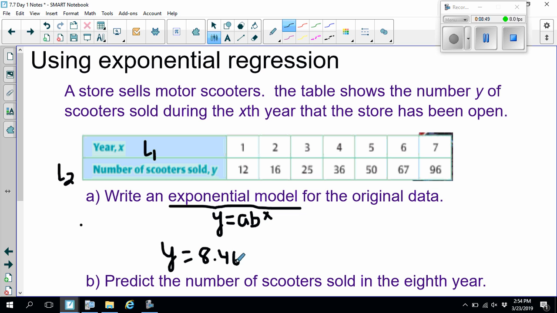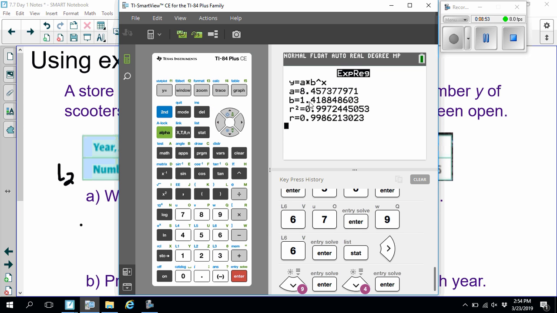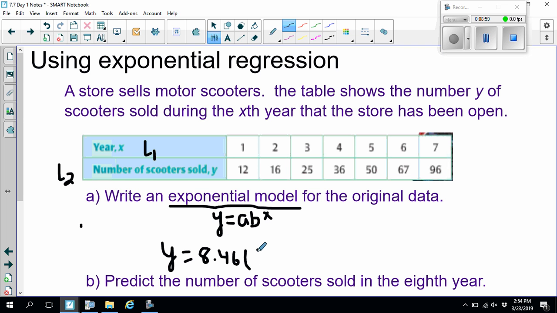Now make sure you use parentheses around your B value. And then our B is 1.42. And then take that to the x power. So this is going to be our exponential model for this data that they gave us.